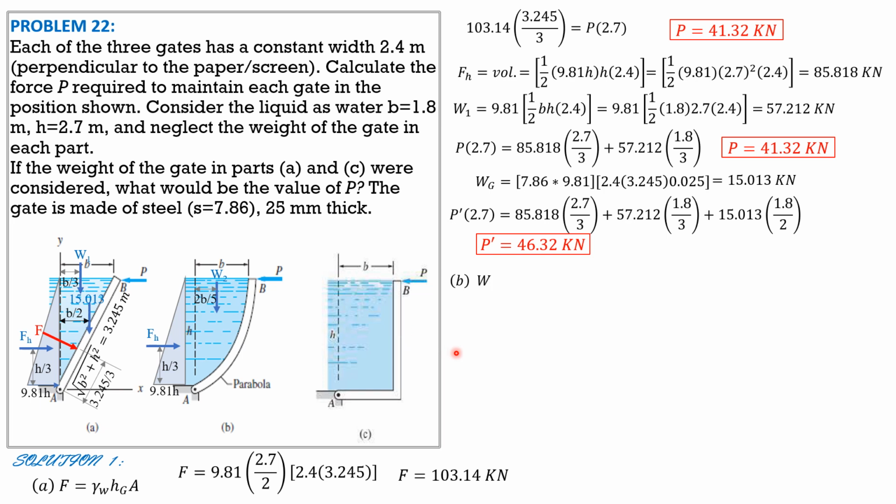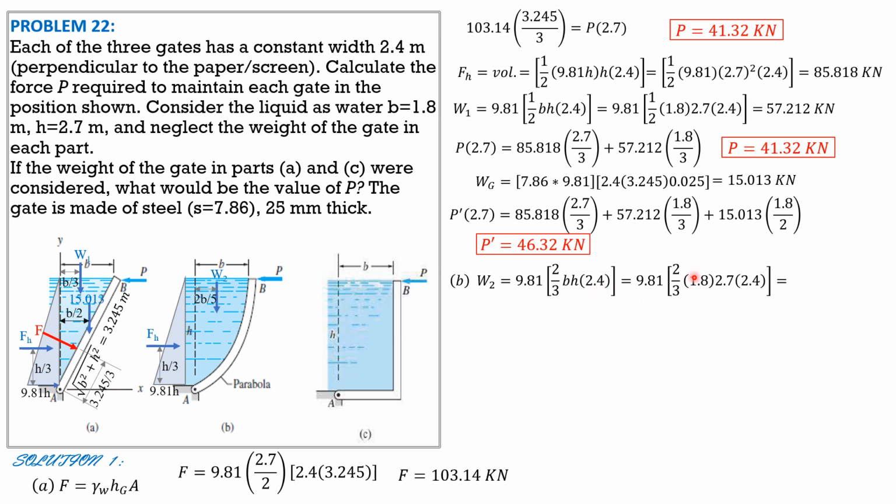And therefore our weight 2 is 9.81 times volume, and volume is the area of the parabola, which is 2/3 base times height, then width perpendicular to the board 2.4. This is the specific weight of water times volume, remember.